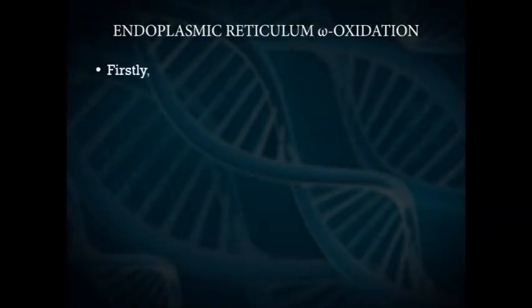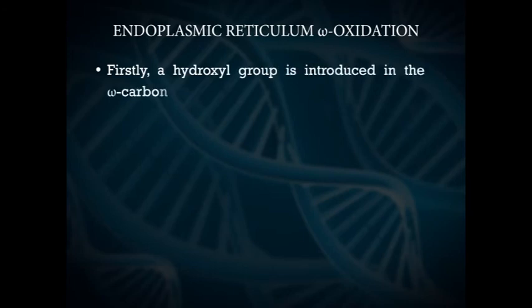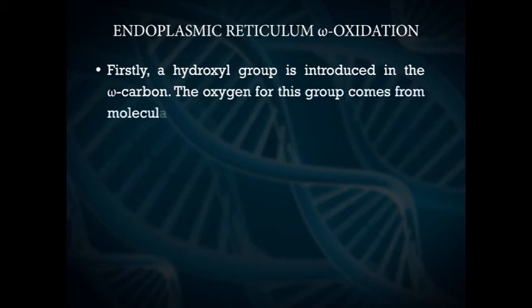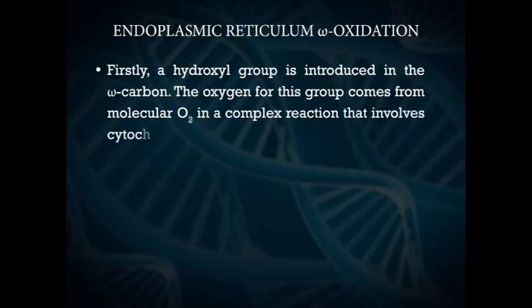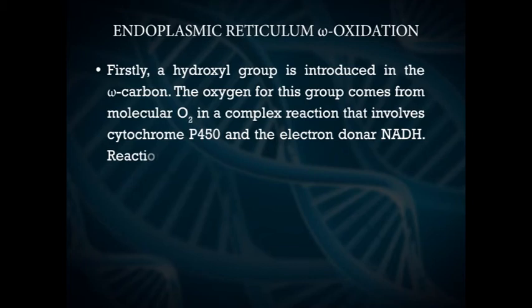Firstly, a hydroxyl group is introduced on the omega carbon. The oxygen for this group comes from molecular oxygen in a complex reaction that involves cytochrome P450 and an electron donor, NADH. This reaction is catalyzed by mixed-function oxidases.